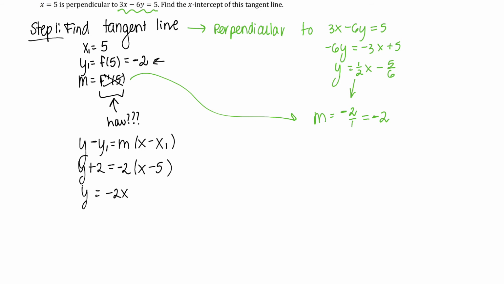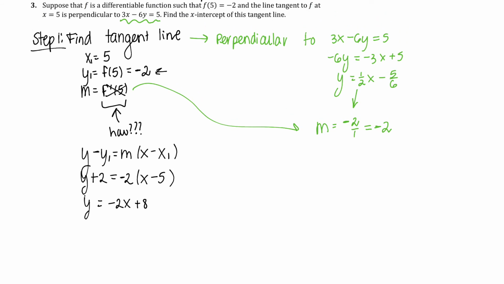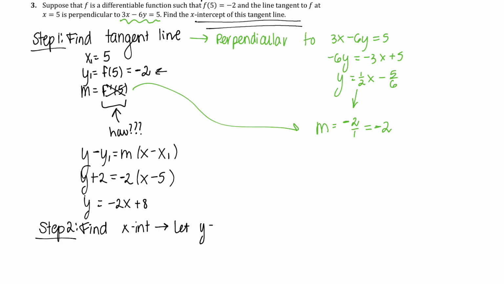So plus 10 minus 2 plus 8. But what we wanted was the x-intercept of that line. So it's 2 steps right here. The second step, step 2, find the x-intercept. And if you think back to your Math 126 class or Math 95E, that's when you let y equal 0 and solve for x.